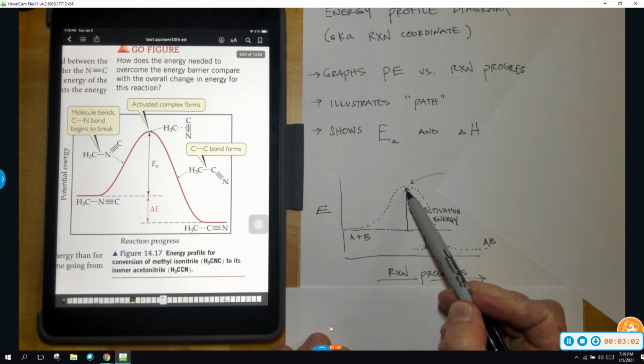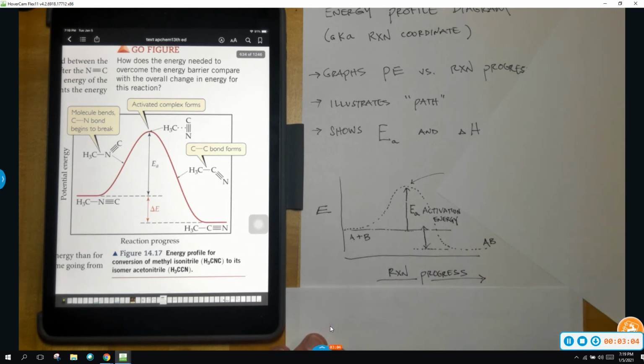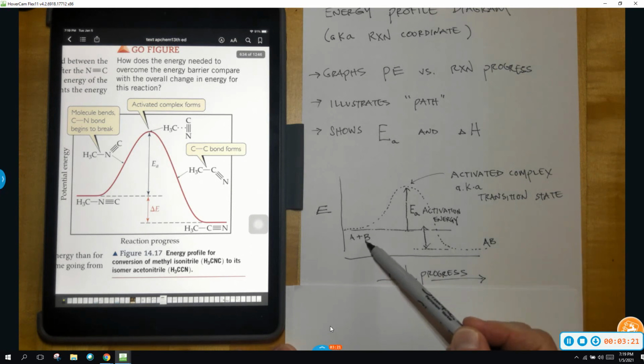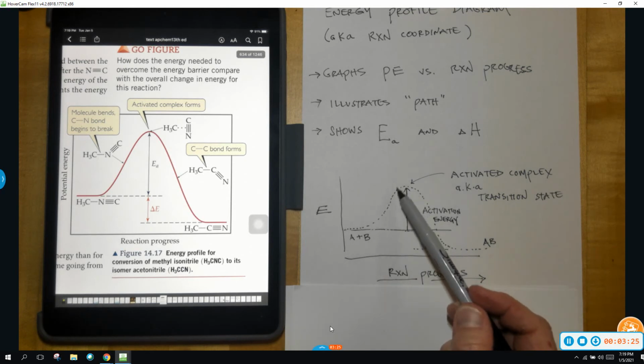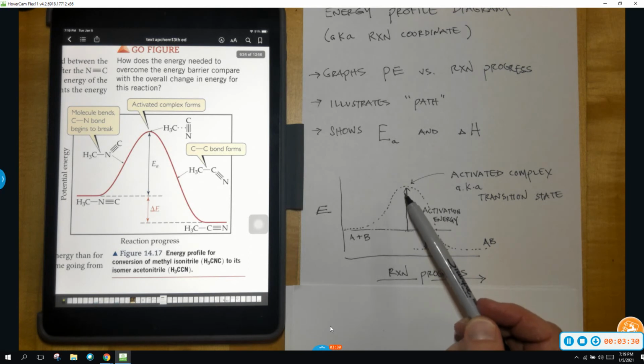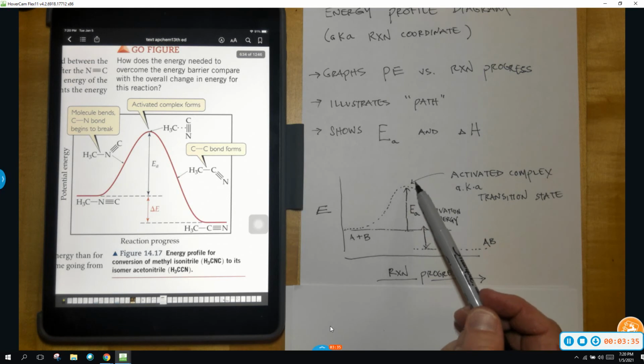Right at the tippy top right here, this is where the reactants come together and they form what's called an activated complex, also known as the transition state. This activated complex or transition state might be where the A and the B, or the two atoms or molecules or ions or whatever they are, orientate themselves in the correct phase, bounce together in the right way, bump against another atom, or have something help it so then it can react.